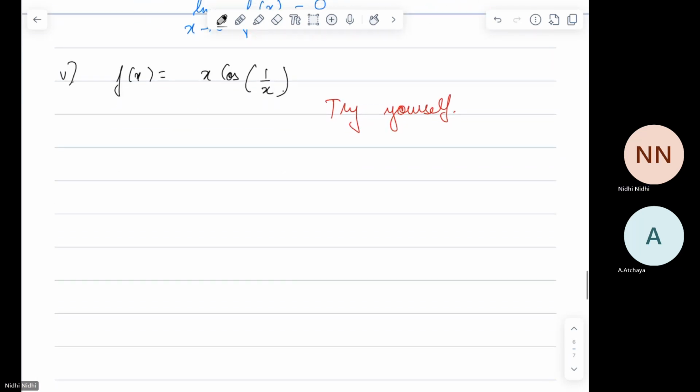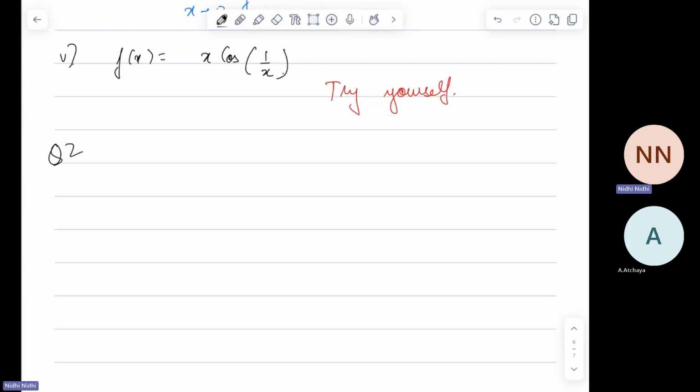Okay, next, question number 2. Determine if the following limits exist.